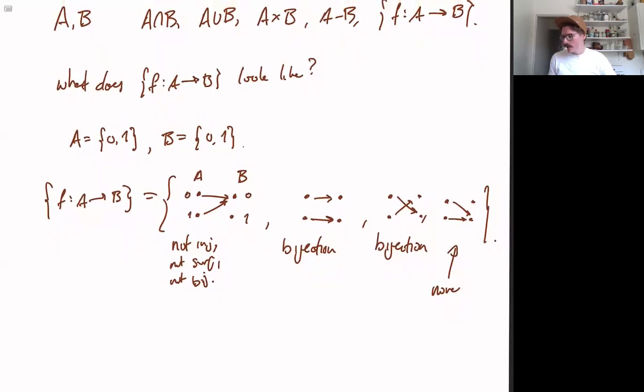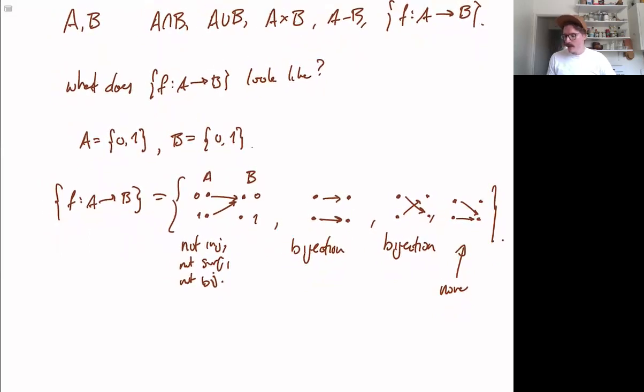But I also want to point out that this perspective of thinking about them explicitly starts to become very difficult once you get bigger sets than, for example, 2 or 3 elements. So it's helpful to also be able to think about these things abstractly.